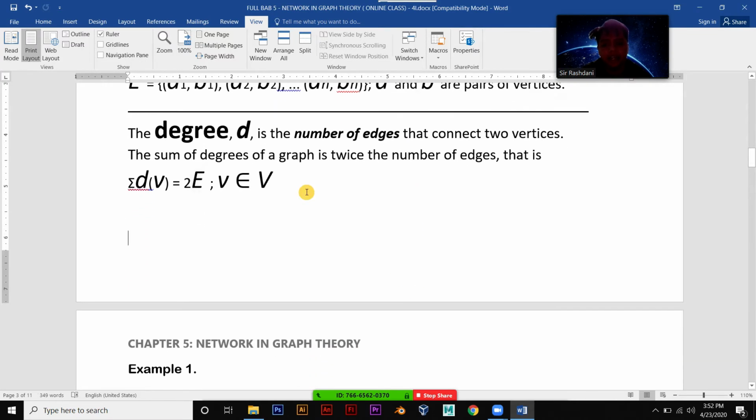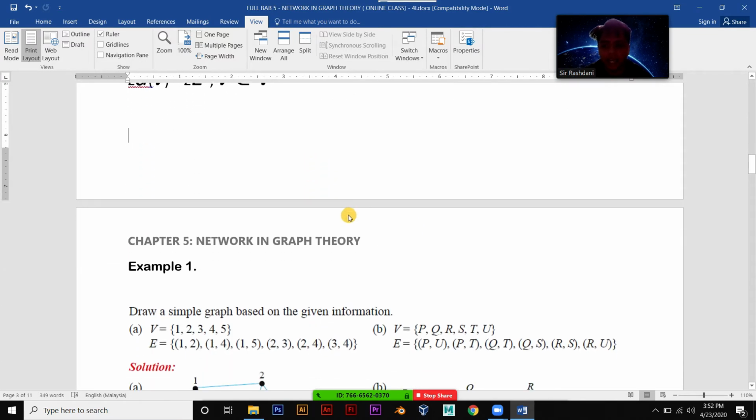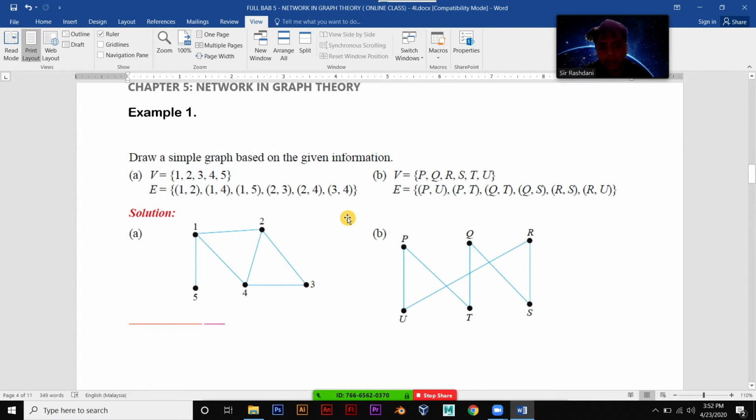Okay, I don't want to talk a lot. Let's proceed to the example first. In this example, draw a simple graph based on the given information. The question already gives two sets, set V and set E. We know that set V is our vertices and E is our edges.